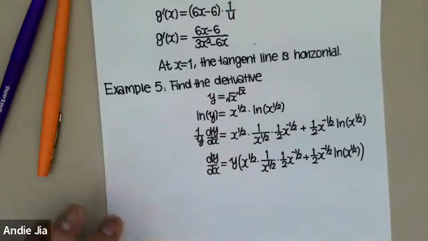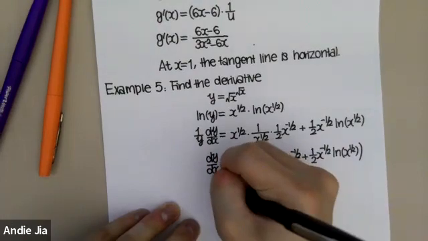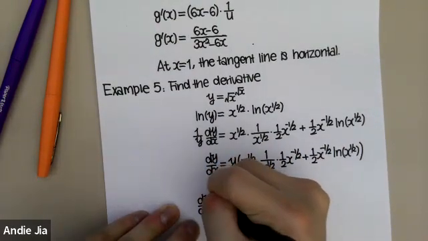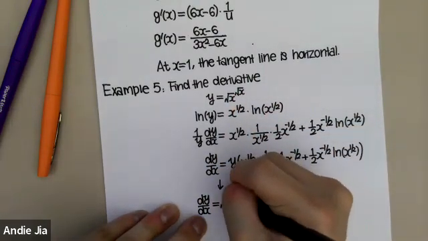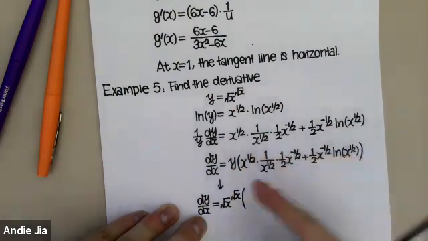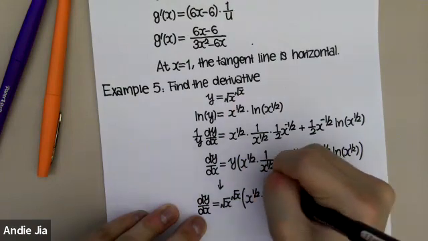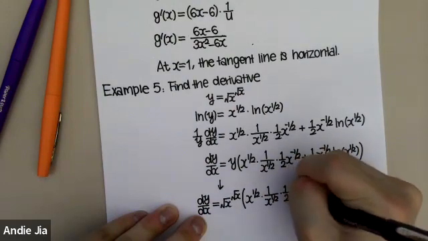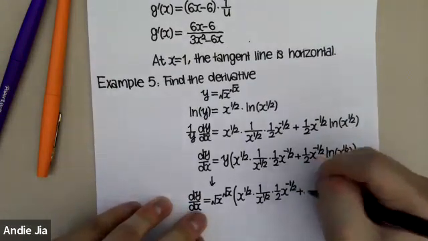Now I just multiply, and dy/dx is the square root of x times this. That is all for logarithm differentiation.